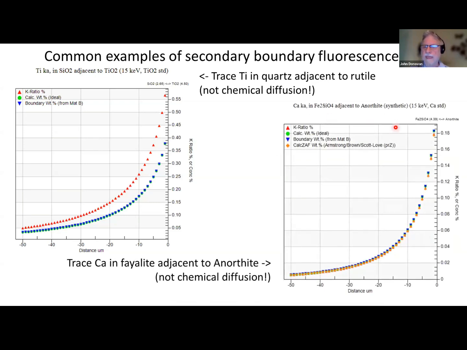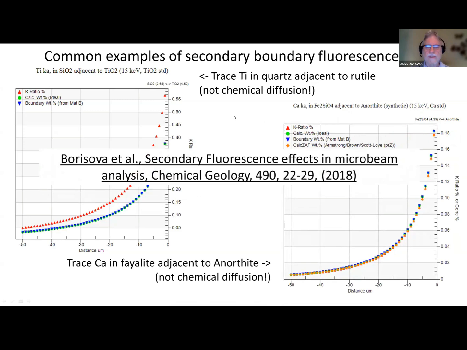Here's an example of measuring calcium in an olivine adjacent to anorthite, which is a calcium-bearing mineral. And again, this is not chemical diffusion. This is 1800 ppm, and it's completely an artifact.